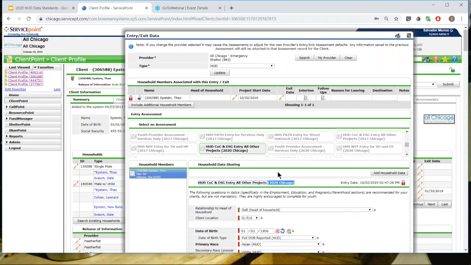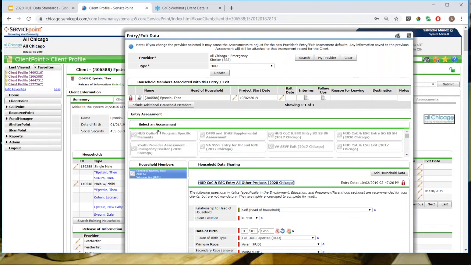If you see anything about 2017, 2016, even 2015 that we've been seeing, you'll want to let us know that that's there so we can update it for you. So again, everything should have a parentheses 2020 Chicago. That means that it was updated to the latest data standards for that particular intake.